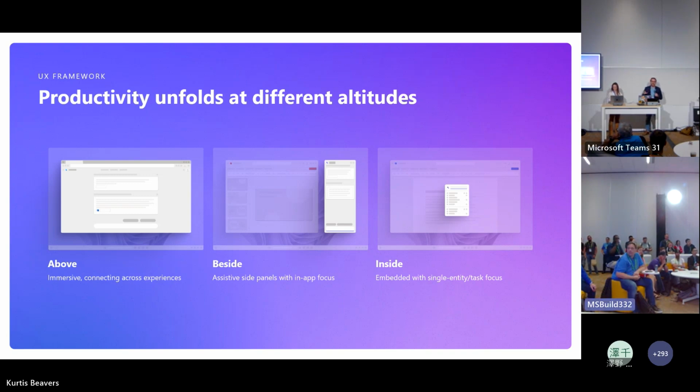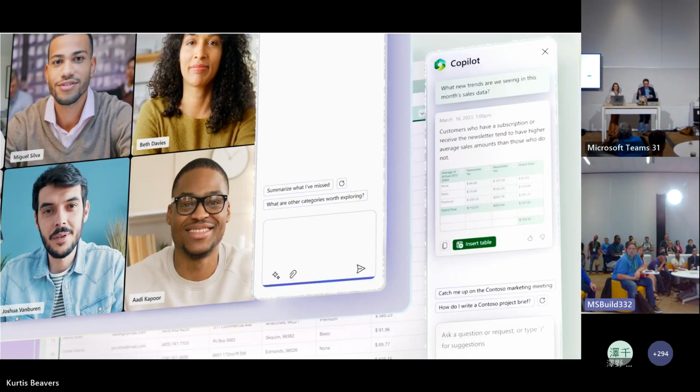This is our attempt to share some work in progress. I'm definitely sharing a perspective that is M365, but there are other perspectives within Microsoft that I don't want to over-represent, because there's some really great thinking as well. So again, there's that assistive pane. There's a video here, maybe I'll play it.